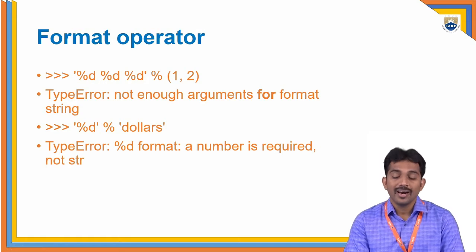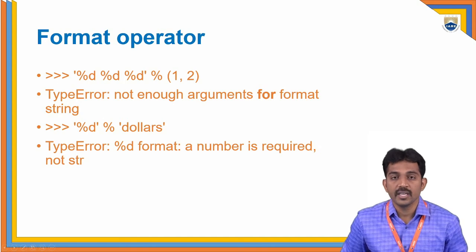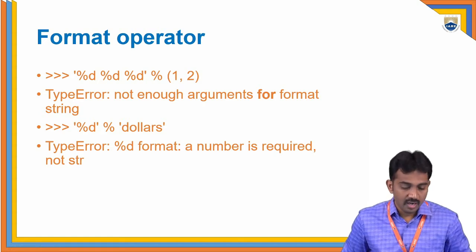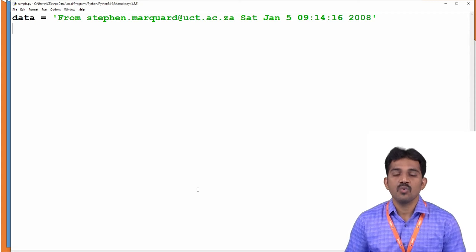Now let us see the purpose of the format, as well as the things we discussed just now. We'll go and check it in the editor IDE. So this is the string we have.